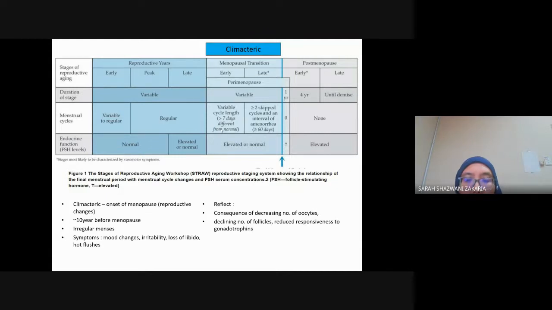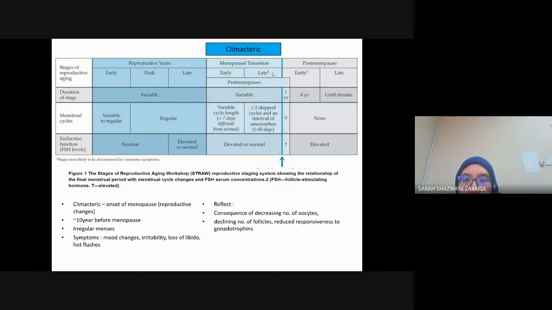Perhaps the cycle is 28 days. Or from one menses to another menses, the gap is maybe perhaps 7 to 14 days. So if towards the menopause transition, it becomes 4 weeks before the next menses. So this one is talking about the variable cycle length, more than 7 days different. Yeah, 3, 4, 5, 6 days different from the regular cycle.